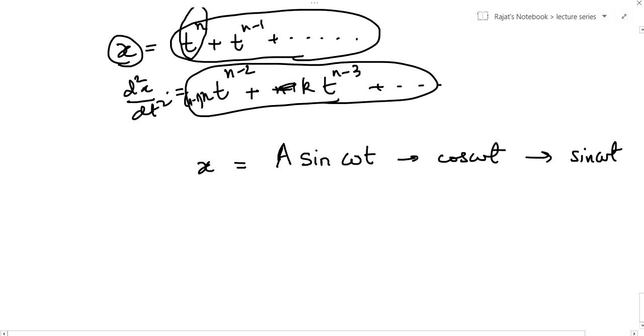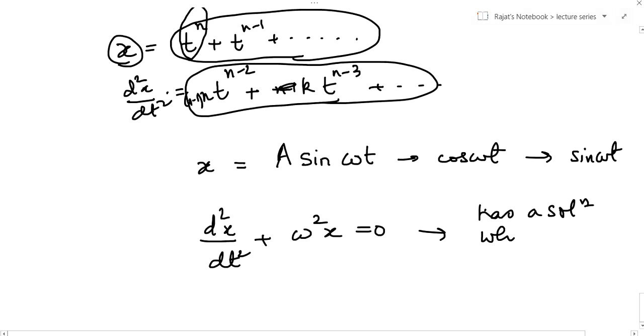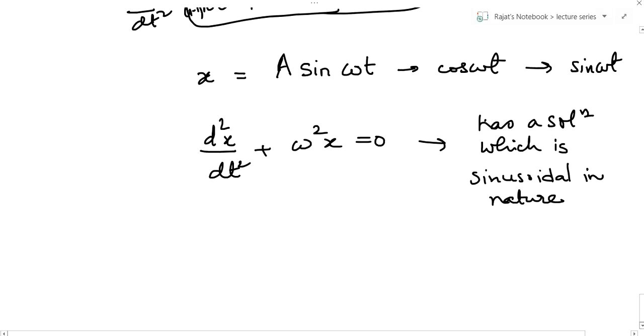And now the linear combination of the acceleration and the position can be equal to 0, because this is basically the same function, only the constants are changing a little bit. So what does it mean? That this differential equation has a solution which is sinusoidal in nature.